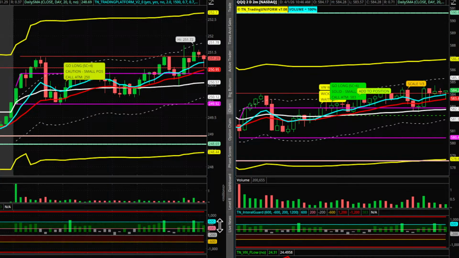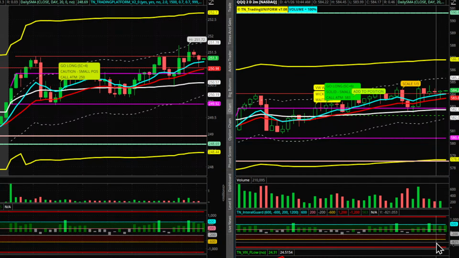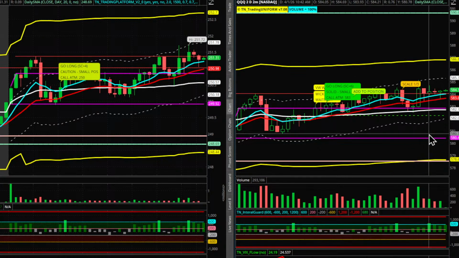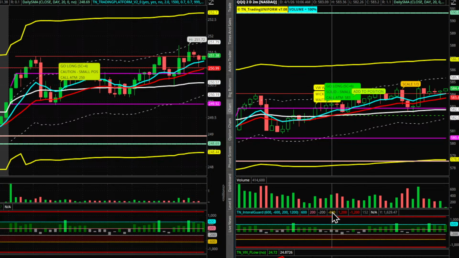If you look at the overall structure, it still looks bullish. Why? Because VIX is still low, and the ratio of buying versus selling on the New York Stock Exchange favors buying. So maybe there's still some juice here. Let's see if this thing can break out. QQQ is horrible.